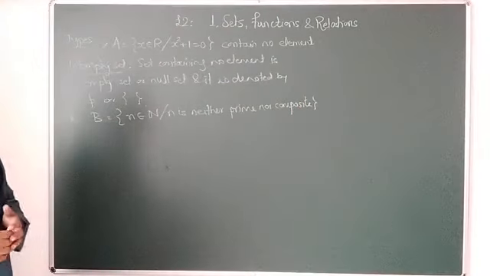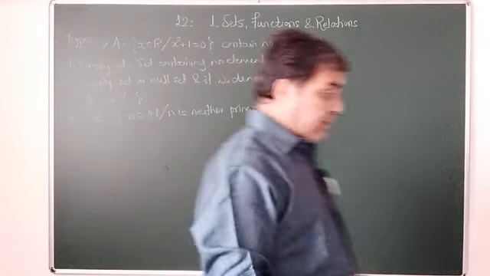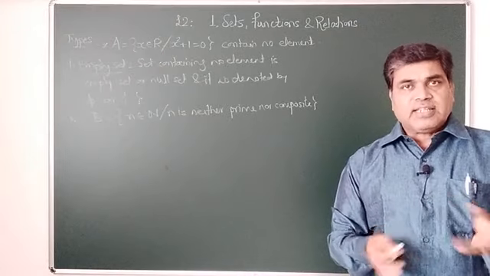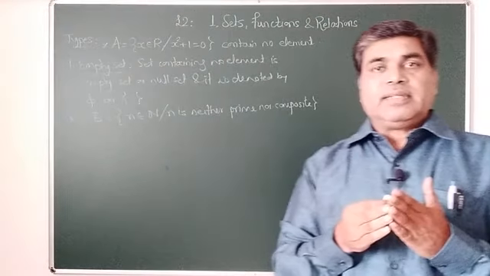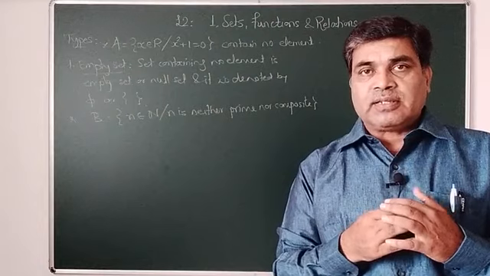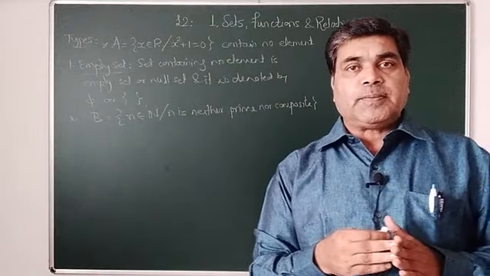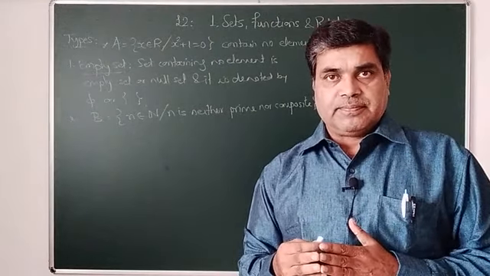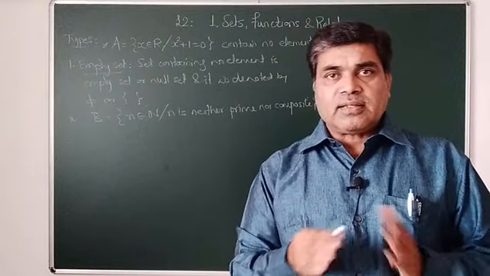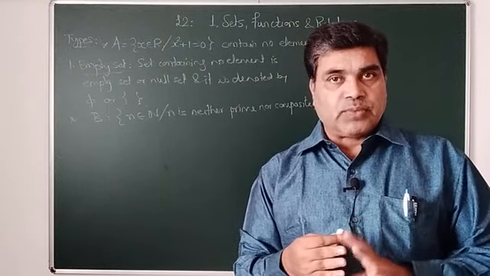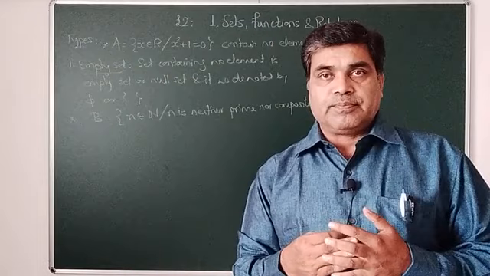Now what is the definition of prime number? A natural number p other than 1 is said to be a prime natural number if it is only divisible by 1 and itself. It has no factor other than 1 and itself, and it must not be 1. So 1 is not prime.